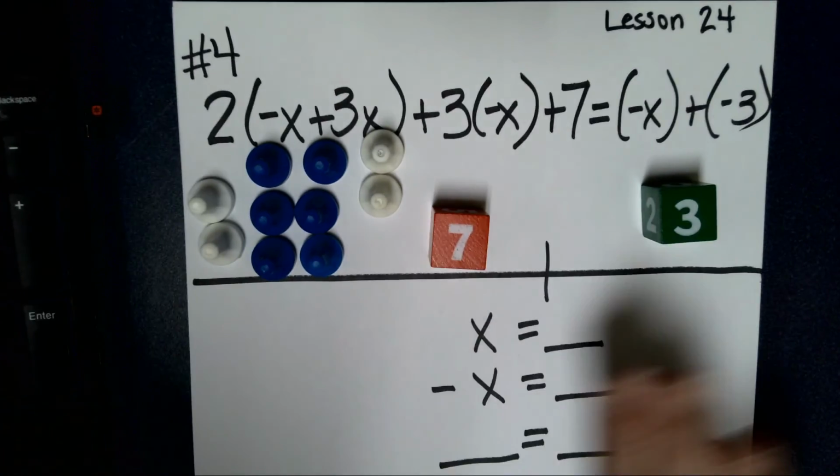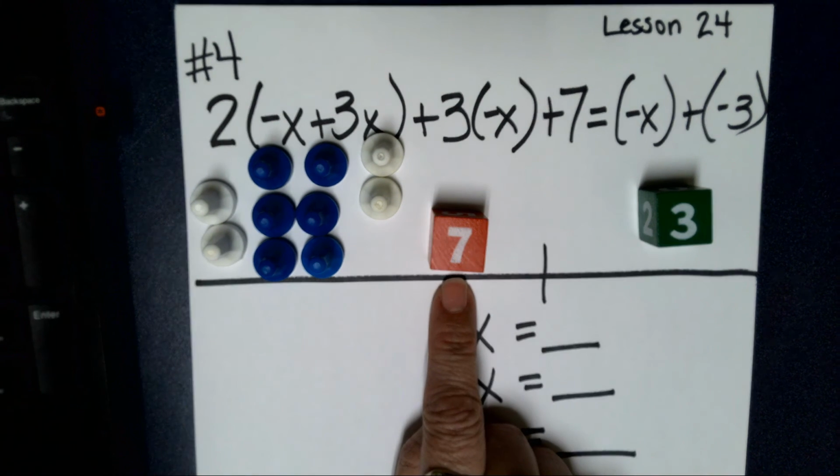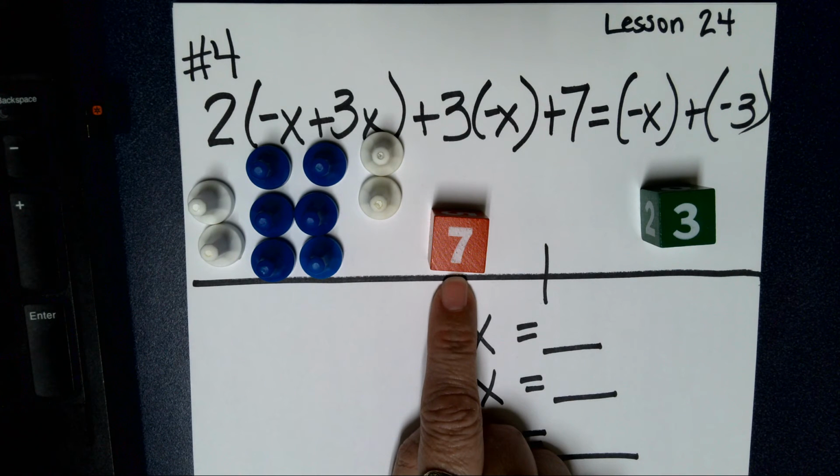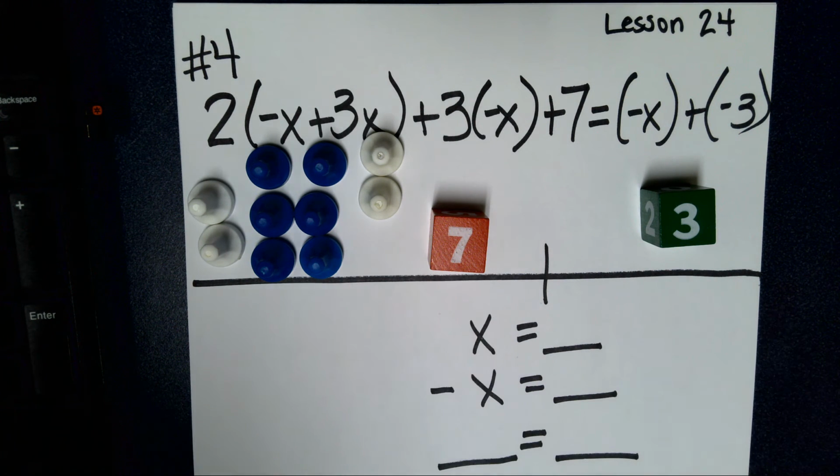So I want to get all of my cubes over to that side. So what am I going to do in order to move a +7? How do I remove a +7? I have to create what? Yep, a 0 pair.